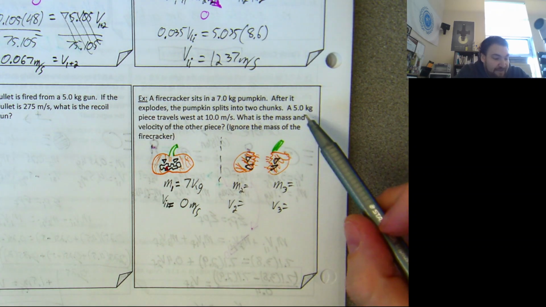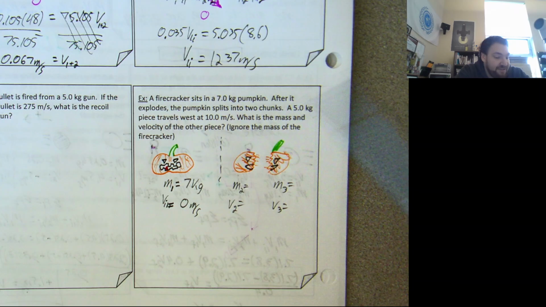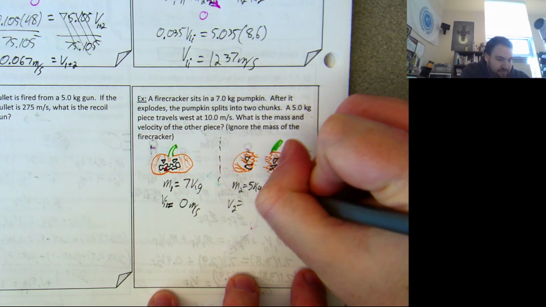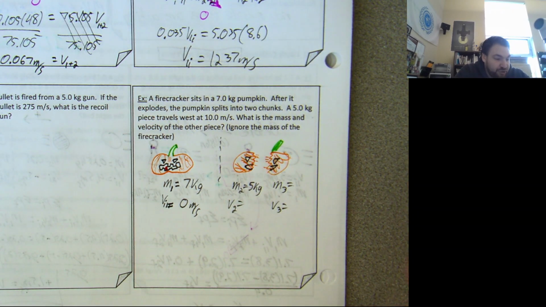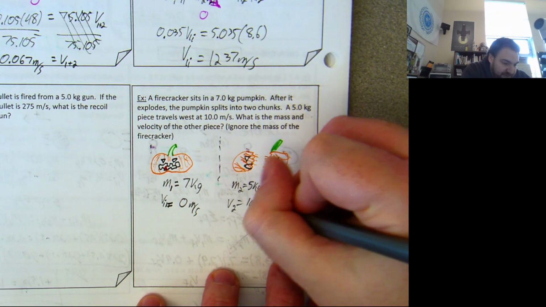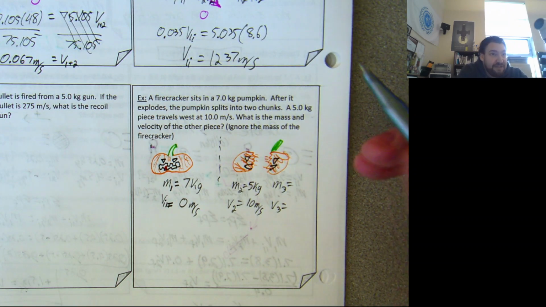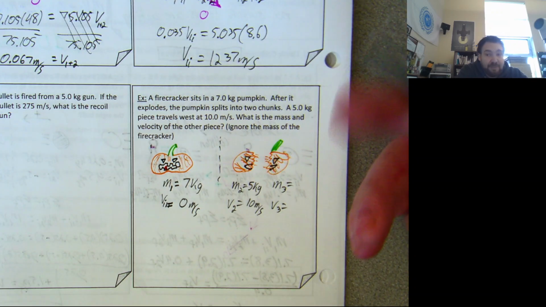We're told that we've got a 5-kilogram piece traveling west. So which of these pieces is that? Typically, when we draw these things, west is left. So this guy has a mass of 5 kilograms. We're told it's traveling at 10 meters per second west. Because we're dealing with vectors here, we need to define a direction to be positive.